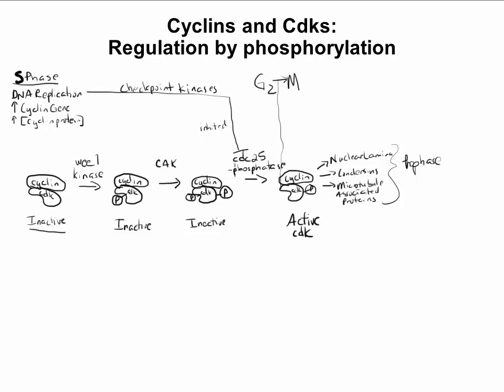And so even if CDC25 is activated and removing that phosphate group from the active site, if there's Wee1 kinase in the cell that is itself activated, it's just going to add that phosphate group right back on, effectively flipping the switch on this CDK enzyme back to the off position, right? So CDC25 activity is associated with activation of cyclin CDK. Wee1 activity is associated with inactivation of cyclin CDK.